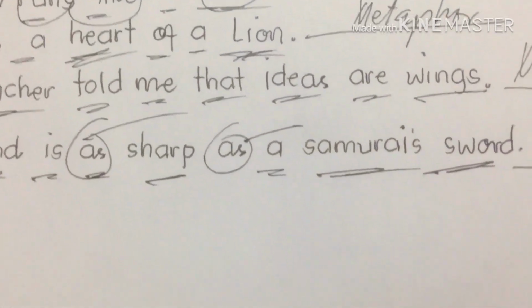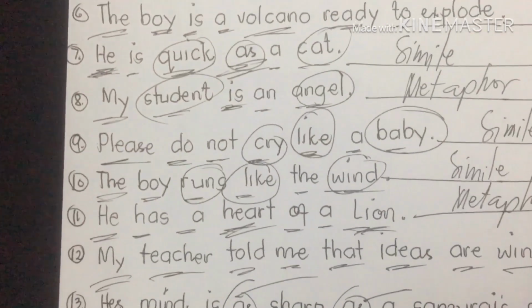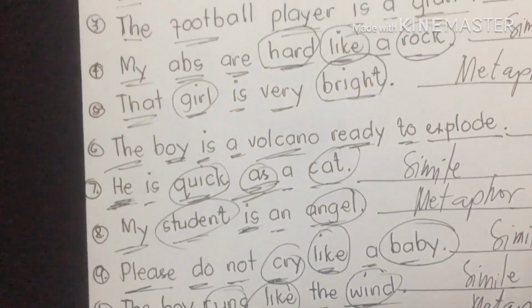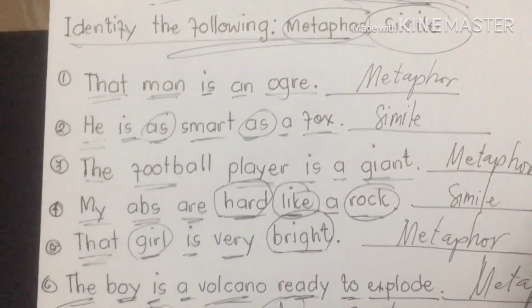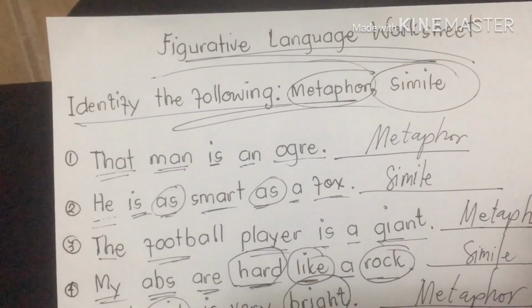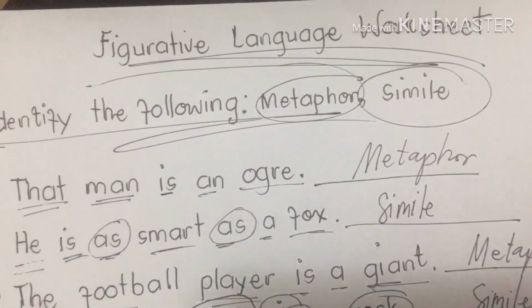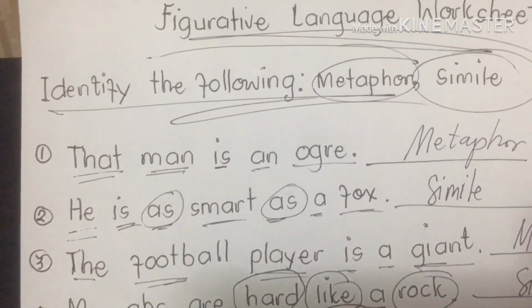Remember, class, if you are familiar with, or thoroughly understand and read, the definitions and understand their uses and functions, it's quite easy for us to identify the following exercises, because we only focus on metaphor and simile, but we tackled 6 definitions of 6 figurative languages, class.